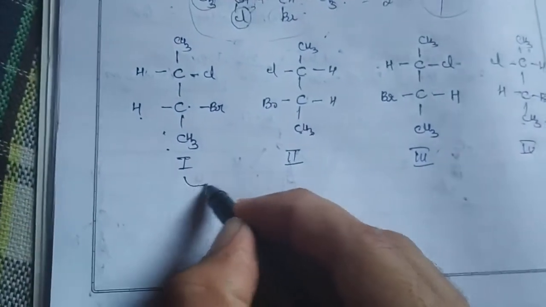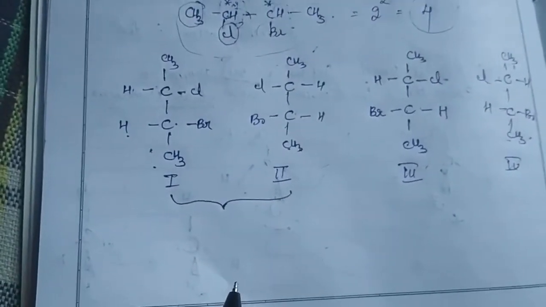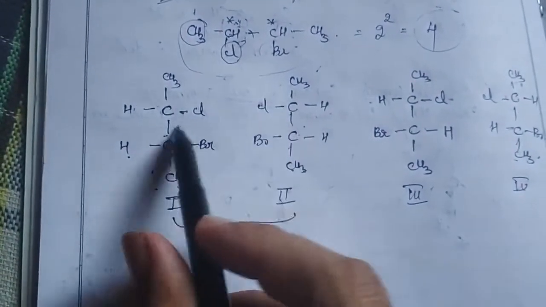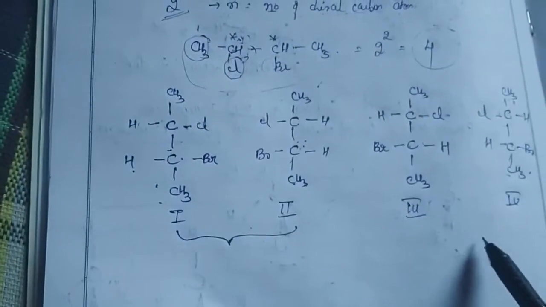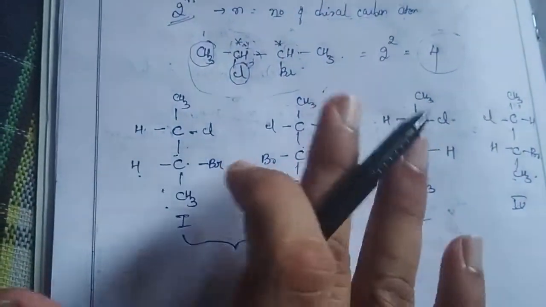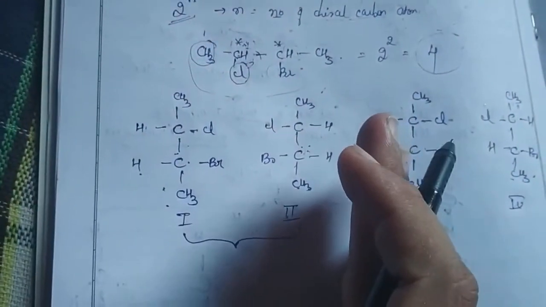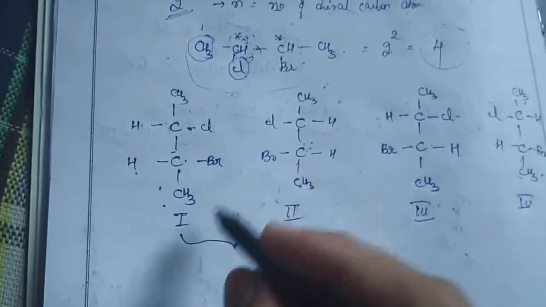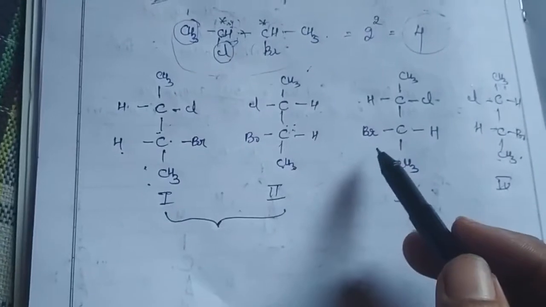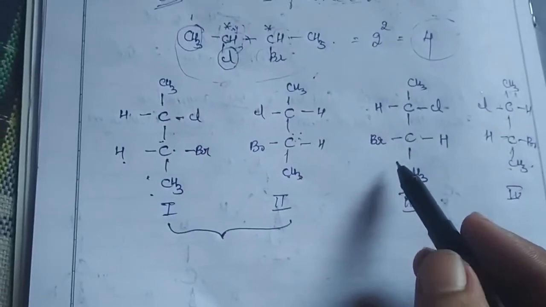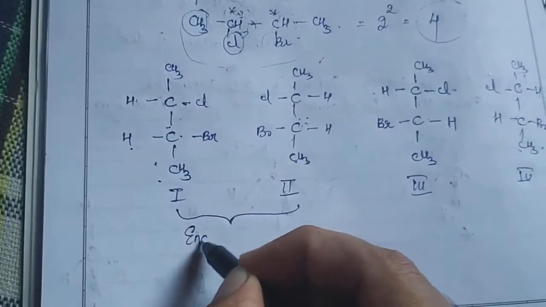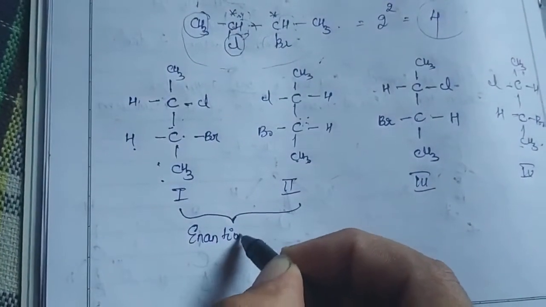Can I say the first and second are enantiomers? Of course yes, because the two structures are mirror images of one another and they are not superimposable. When we place one structure over the other, they do not coincide with respect to the similar atoms. Since the two optical isomers are non-superimposable mirror images, the first and second can be called enantiomers.